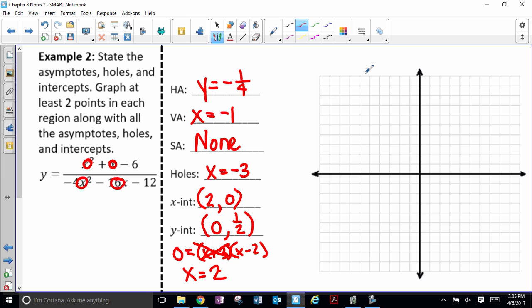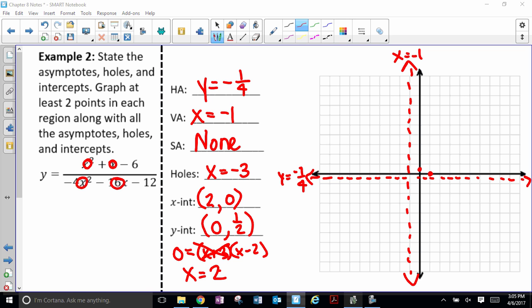So for my horizontal asymptote, I'm at y equals negative 1/4. Then x equals negative 1 is vertical line negative 1. No slant asymptotes. Hole, we'll plot that in just a second. And then 2, 0 is your x-intercept, and 0, 1/2 is your y.